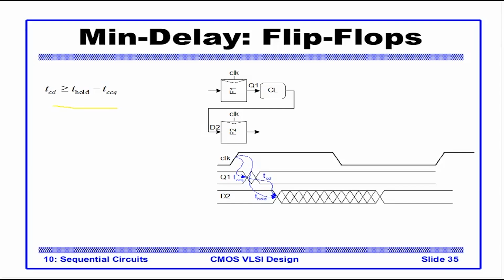So now we see that the total delay, that is the combination delay plus the sequential delay, should be at all times greater than the T hold and less than the time period of the clock adjusted by the setup time.